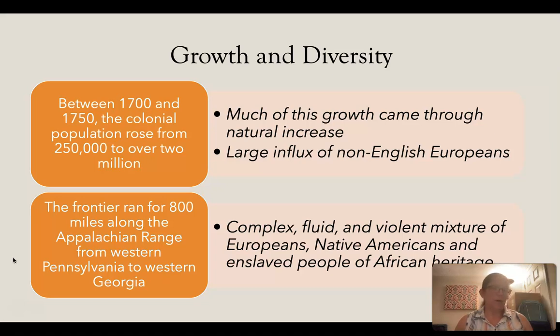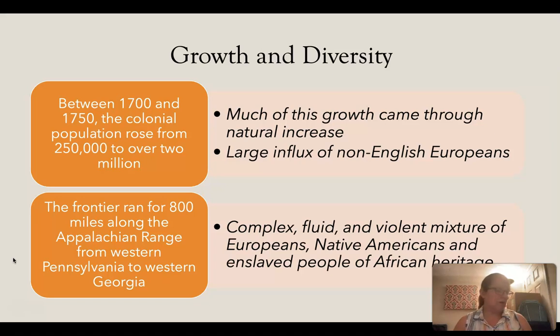And a lot of this growth was through natural increase, meaning that people were having more children. And there was also a large influx of non-English Europeans coming to the British colonies during this era as well.